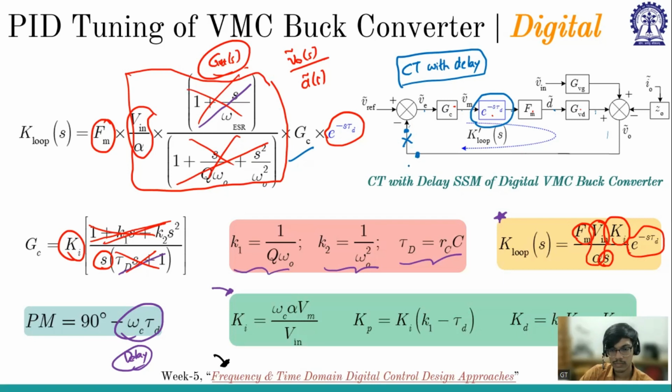Sir, but actually V naught comes when there is Gvg, right? Like we are talking about this loop. Gvg comes when you consider the input to output, which is the audio susceptibility closed loop transfer function. But we are talking about K loop.